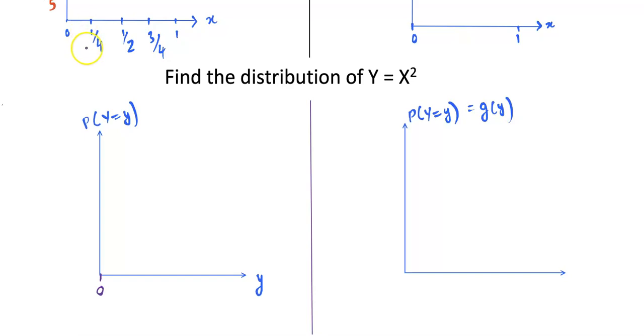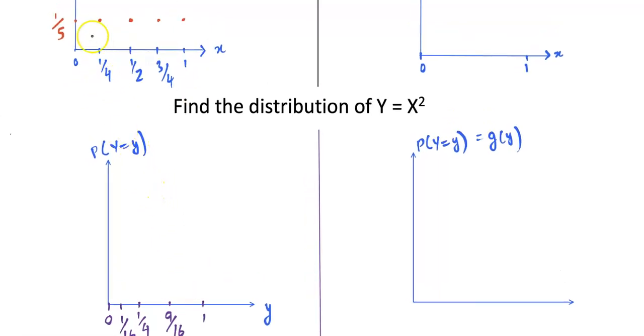When x takes the value 1/4, y would take the value 1/16. When x is 1/2, y will be 1/4, since the square of 1/2 is 1/4. When x is 3/4, y is 9/16, which is a little more than half. And when x is 1, y would also be 1.